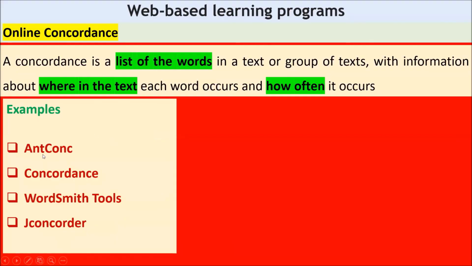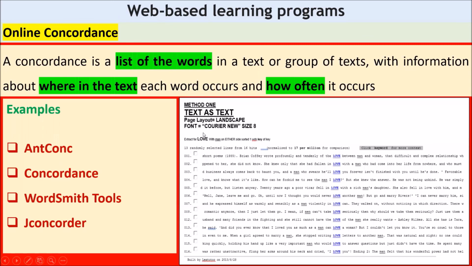These are offline concordance software: Wordsmith, J Concordance, and Concorder. Then online concordance is also there. Look at one example, the result of a concordance activity. In a book, they are trying to find the word love with man on either side, left or right.